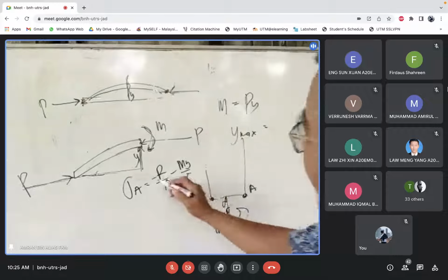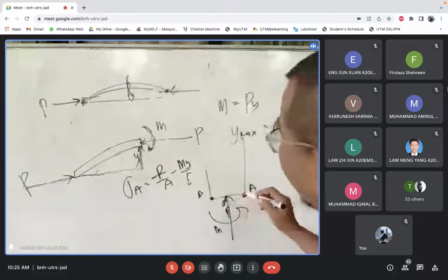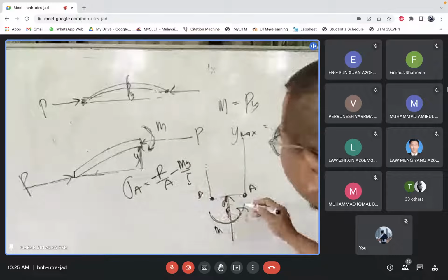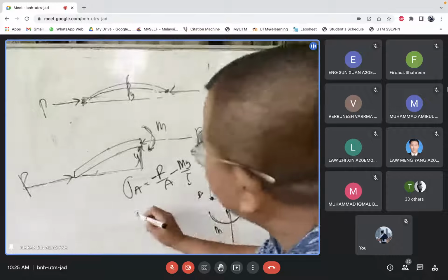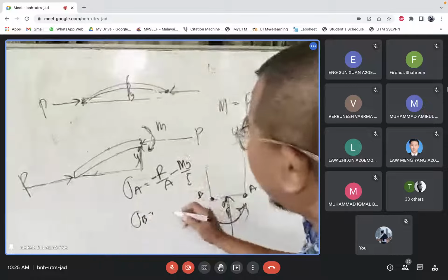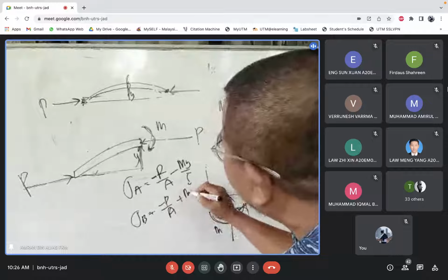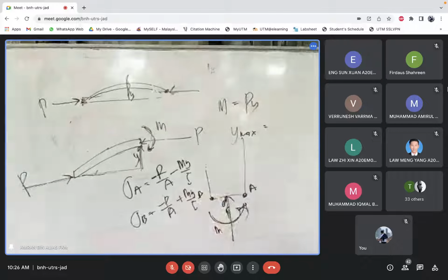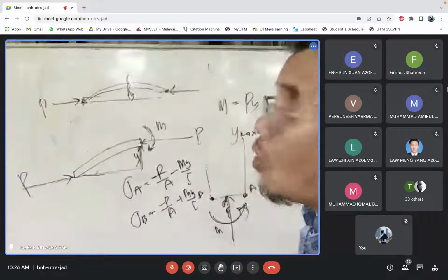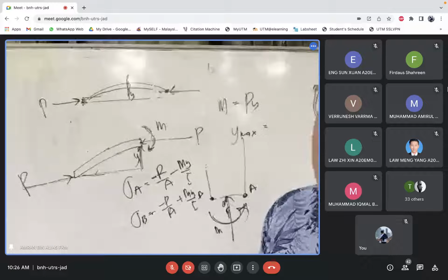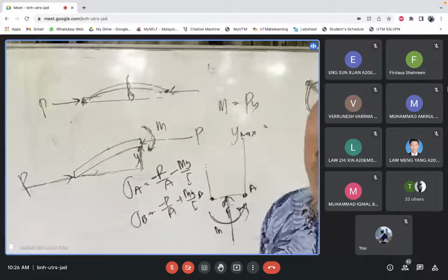Yes. Negative P over A and then negative My over I there, because the moment is like that. But what is sigma at B on the left? Negative P over A plus My over I, correct? Yes. So this is just going back to basic stress and strain, basic stress analysis again.